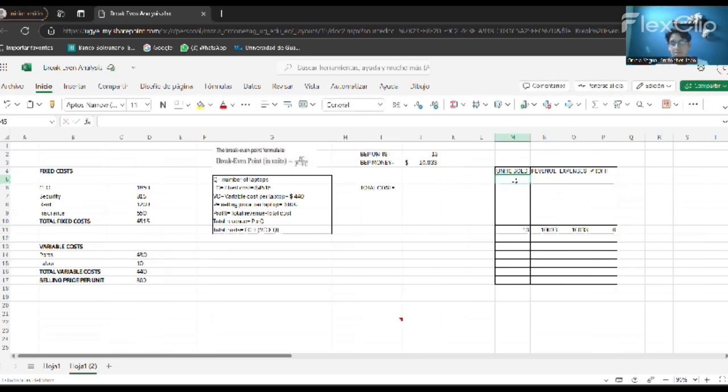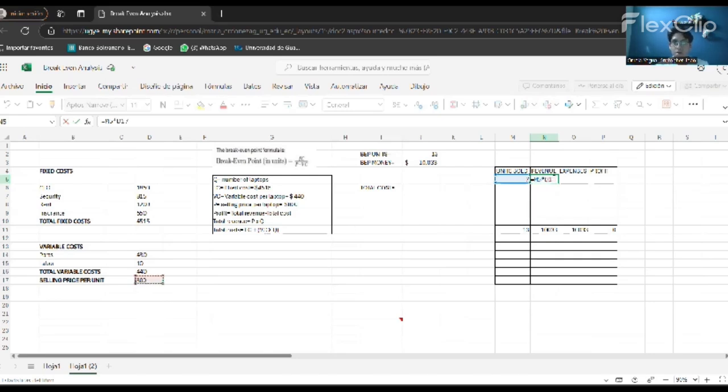In a case where we only sold 7 units of computers, our revenue is calculated by a formula that equals the units sold multiplied by the selling price per unit.